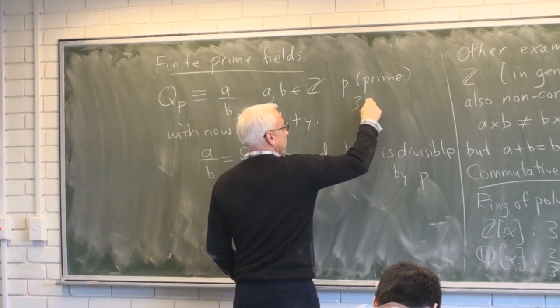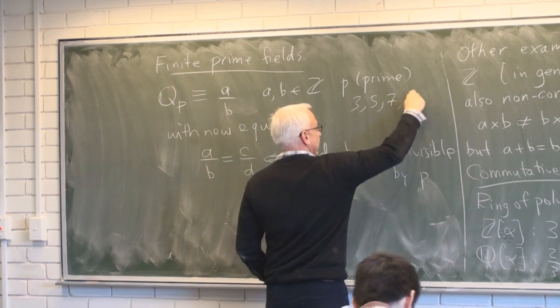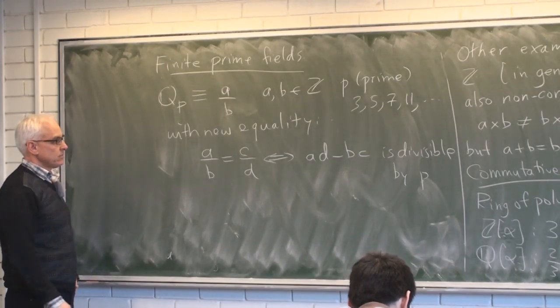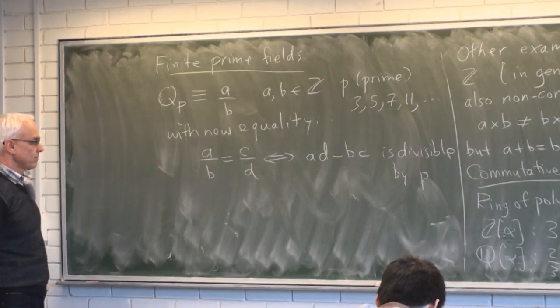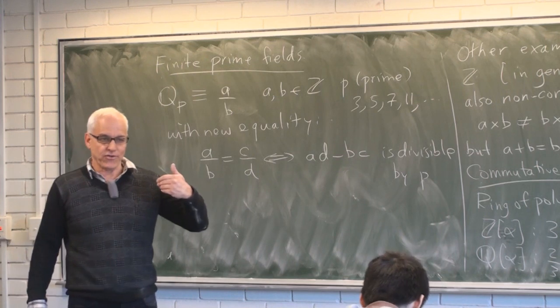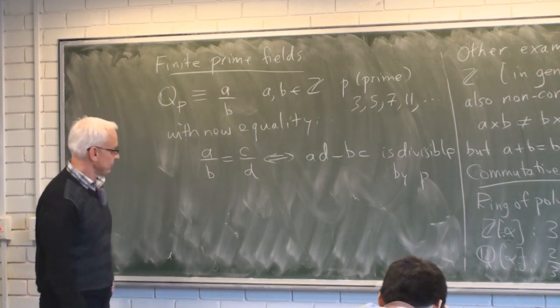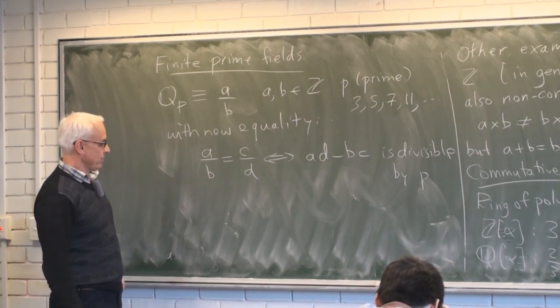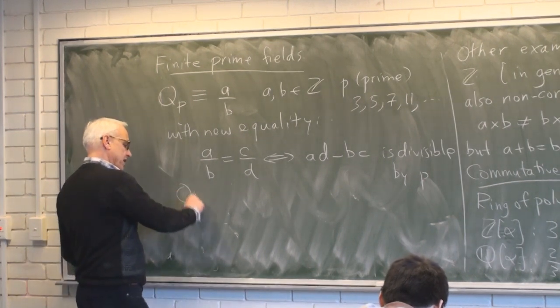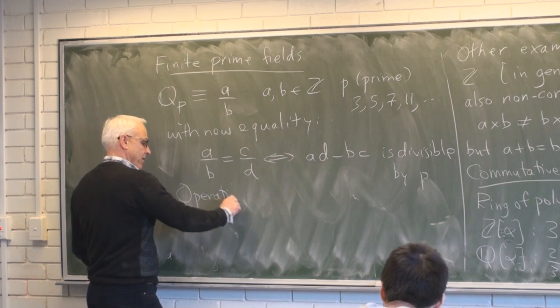Like 3 or 5 or 7 or 11, etc. 2 works too. And what are the operations on this perhaps rather strange new kind of object? Well, the operations are exactly the same as they are for the rationals.